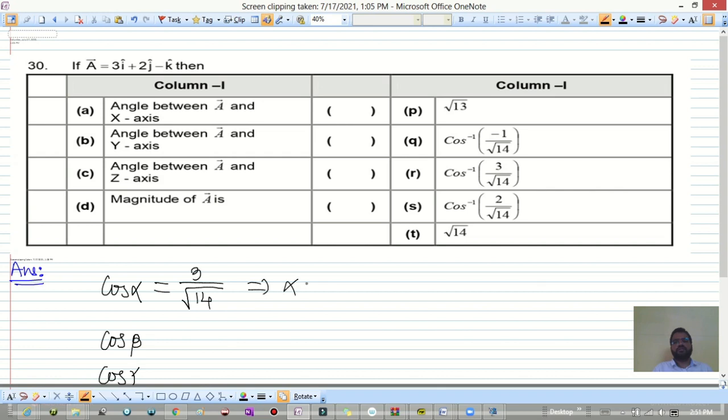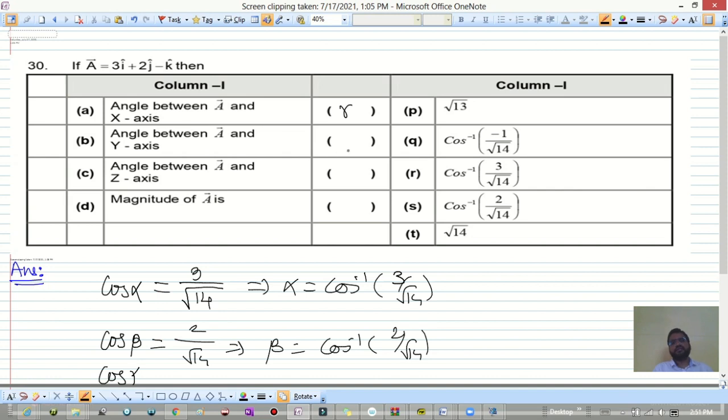So from this we can write alpha is equal to cos inverse 3 divided by root 14, that is R. Okay, next the angle between a bar and y-axis, it is ay, that is 2 divided by root 14. So beta is equal to cos inverse 2 by root 14, that is given in option S. In the case of cos gamma, it is equal to minus 1 divided by root 14, and it is given in Q, right?